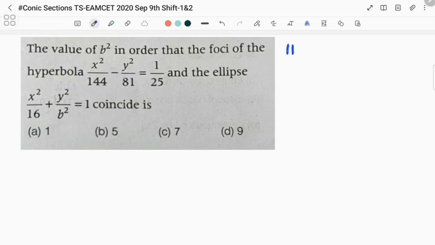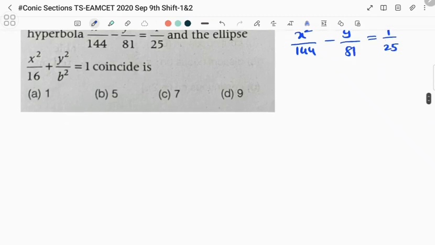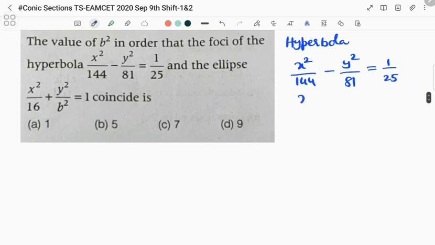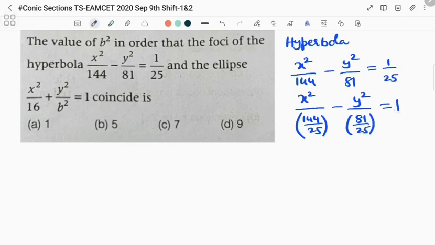The hyperbola equation is x square by 144 minus y square by 81 is equal to 1 by 25. So we can write it as, taking the 1 by 25 here, x square by 144 by 25 minus y square by 81 by 25 is equal to 1.